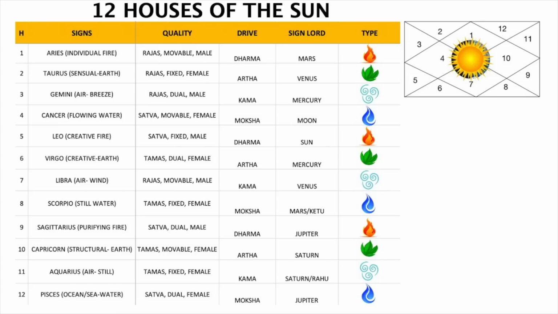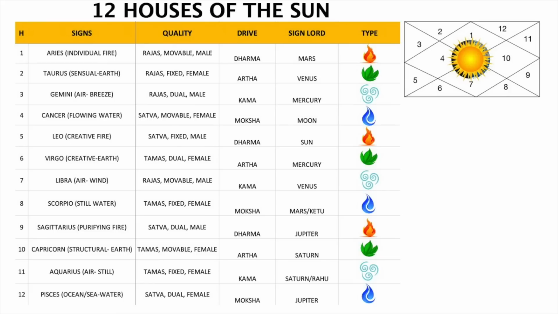It is Tamas, fixed and female sign. It's ruled by Mars and Ketu. The last of the Moksha signs, water signs, Pisces, is water as in an ocean. Its quality is Sattva, dual and female sign, and its sign lord is Jupiter.